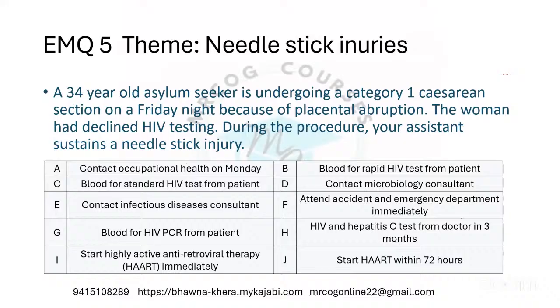What is the most appropriate step? You are performing the cesarean on a Friday night and got a needle stick injury, and the patient is an asylum seeker whose HIV status is not known. So what to do?